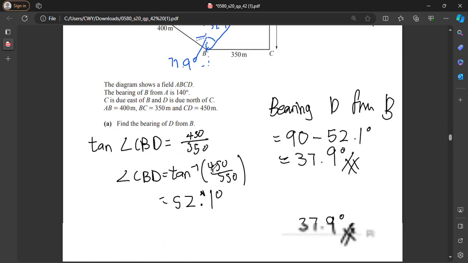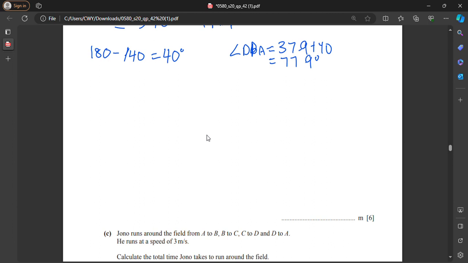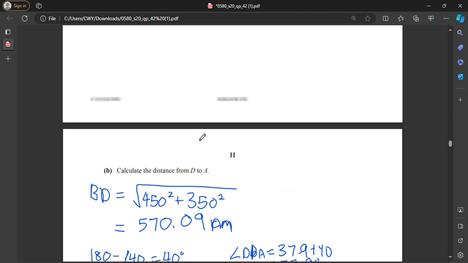We can use the cosine rule. So AD squared is equal to, just substituting in the formula, sorry, is it 350? Let me check.